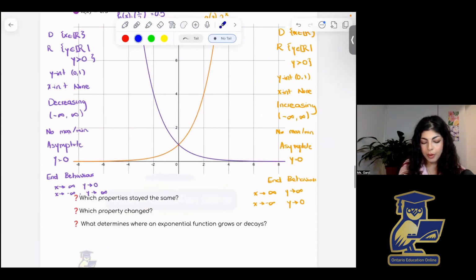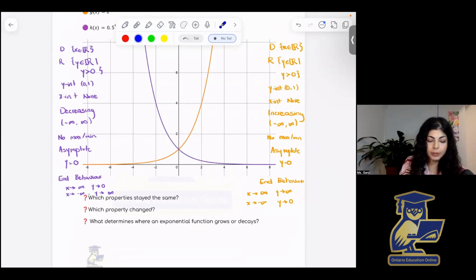So here, which properties stayed the same? Of course, we have our domain and range is the same. Our y-intercept and x-intercepts are the same. Neither of them have a max or min, and our asymptote is the same.